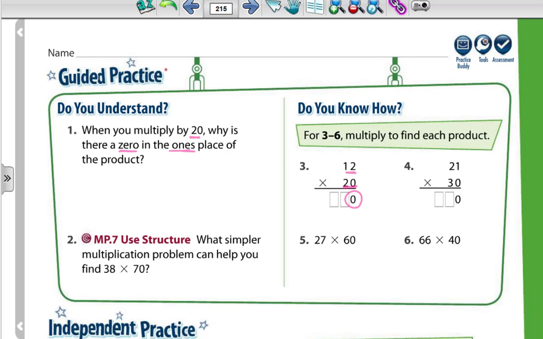I know that this is too much for us to write, but let's write the answer anyway. 20 is a multiple of 10.